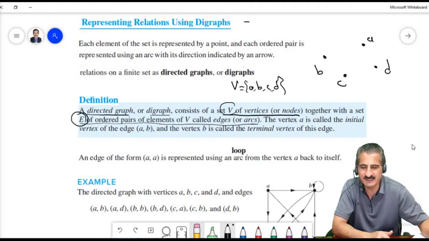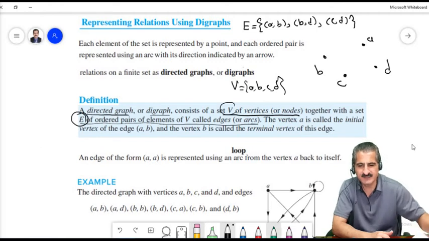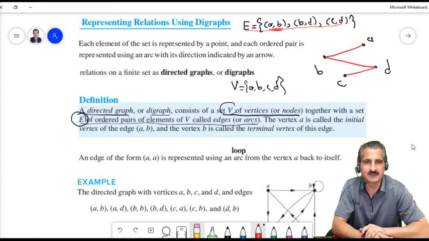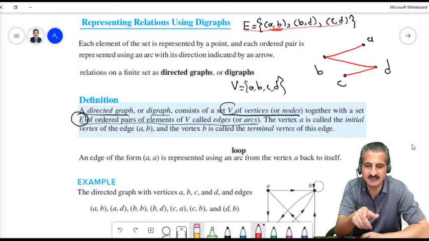So when I say, for example, the edges consist of AB, BD, CD only, let me give them red. That means I will go for A and B and connect them. I will go for B and D, connect them. Then I will go for C and D, connect them. So I got a graph. So it is a set of vertices and lines connecting them.